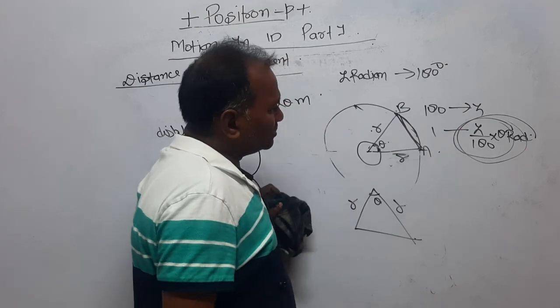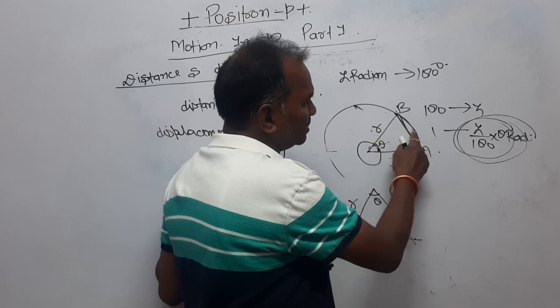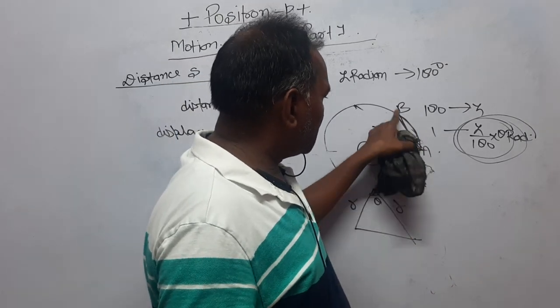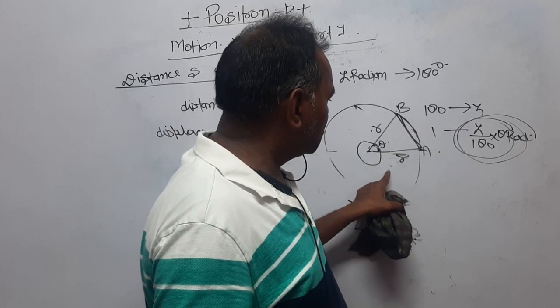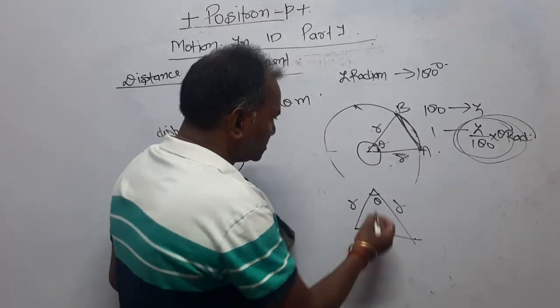If you apply the cosine law, cos theta is equal to b square plus c square minus a square upon 2bc, or r square plus r square minus AB square upon 2r into r. By this method you can find it. Draw a perpendicular.